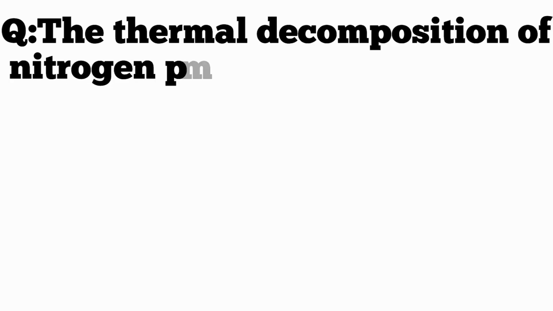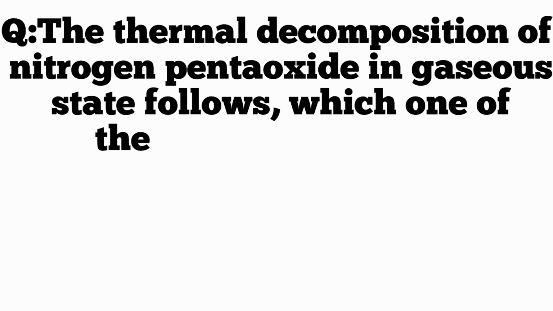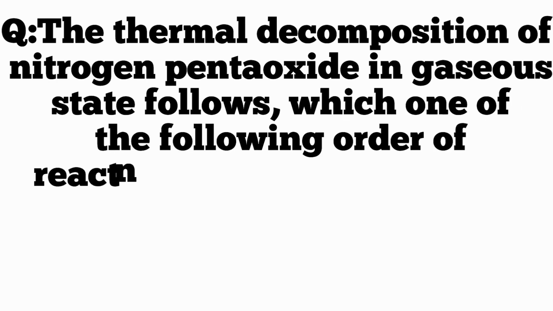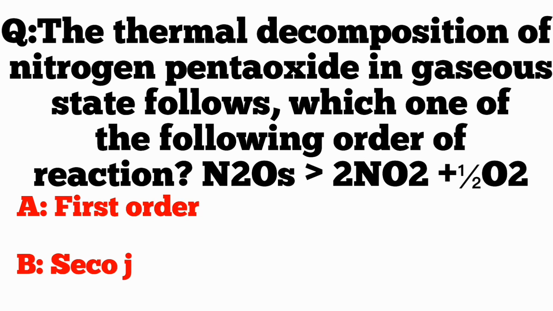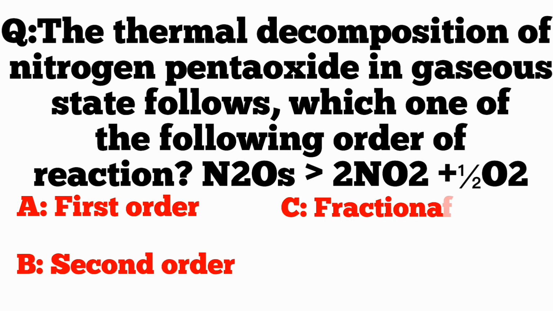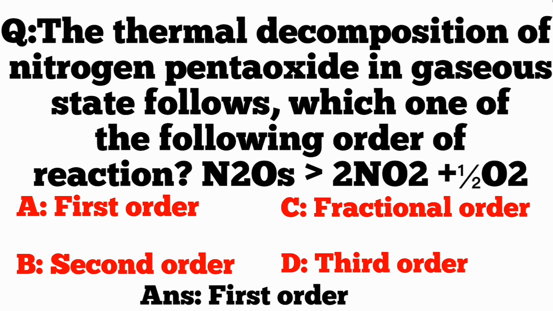Q. The thermal decomposition of nitrogen pentoxide in gaseous state, N2O5 to NO2 plus O2, follows which one of the following orders of reaction? A. First order. B. Second order. C. Fractional order. D. Third order. Answer: First order.